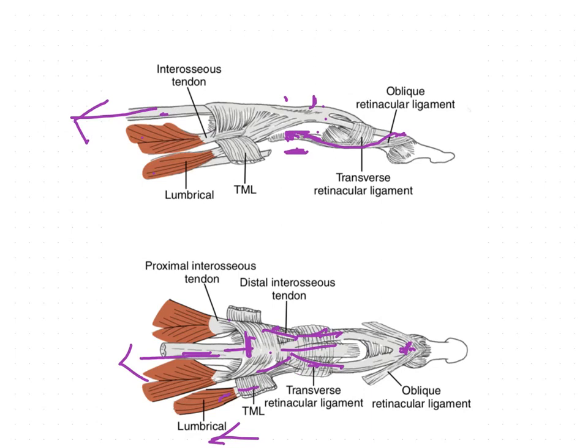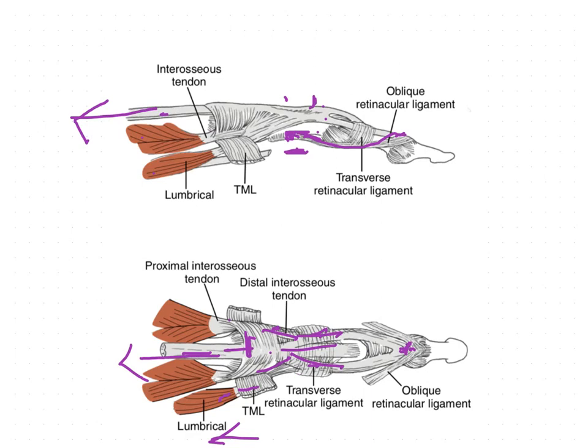Now we will see this extensor mechanism's influence on the distal interphalangeal joint separately. The distal interphalangeal joint is tied to the proximal interphalangeal joint by both active and passive forces in such a way that DIP extension and PIP extension are interdependent. When the PIP is actively extended, the DIP will also extend.